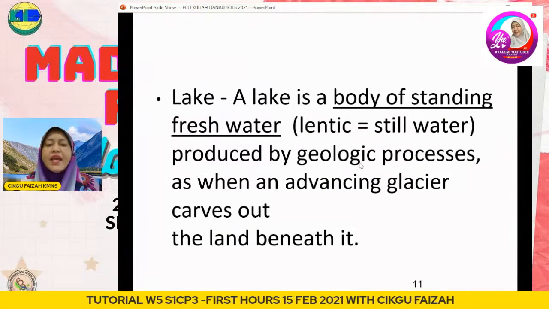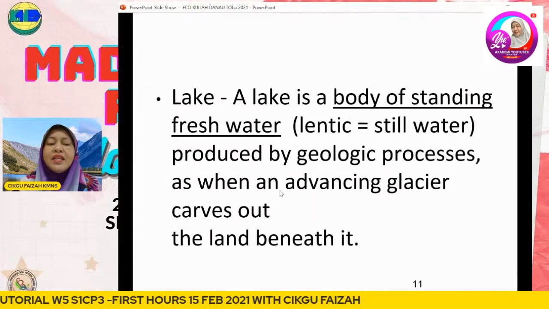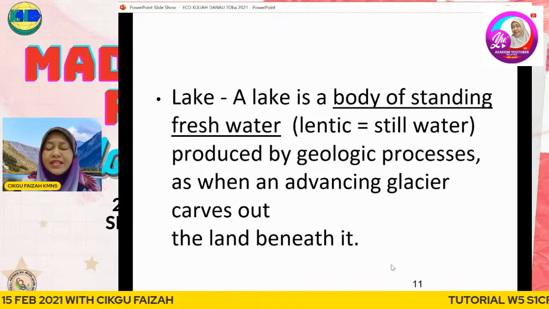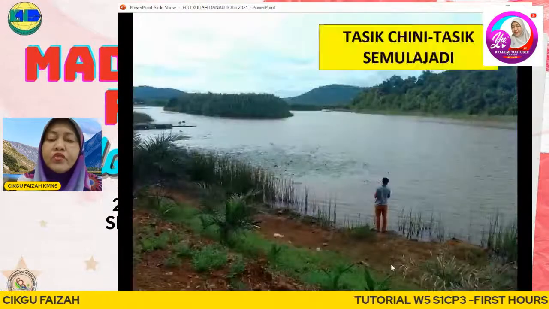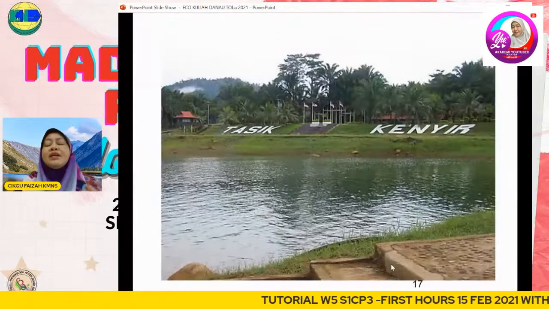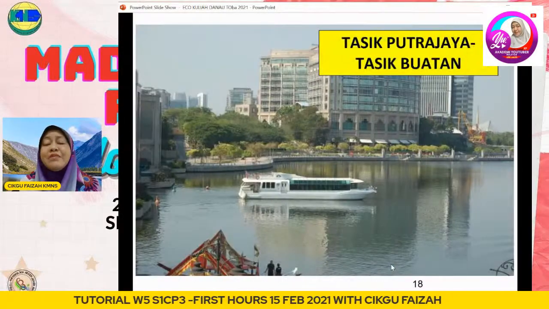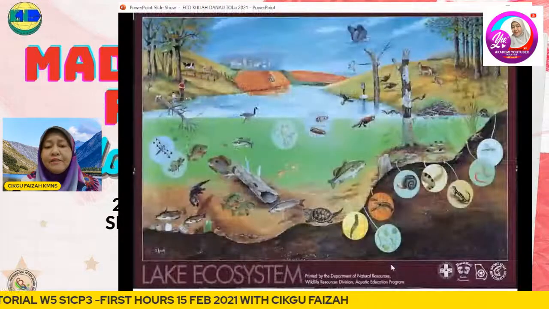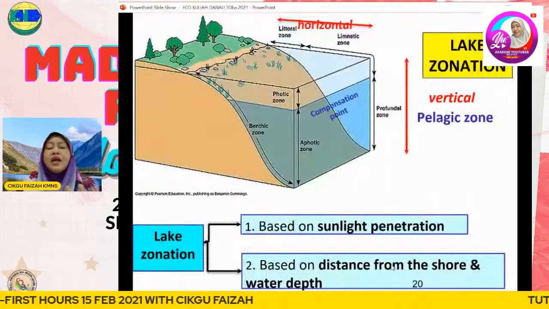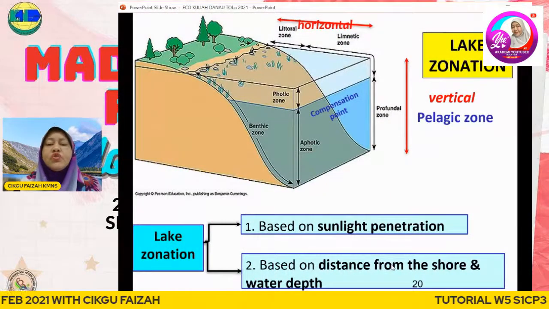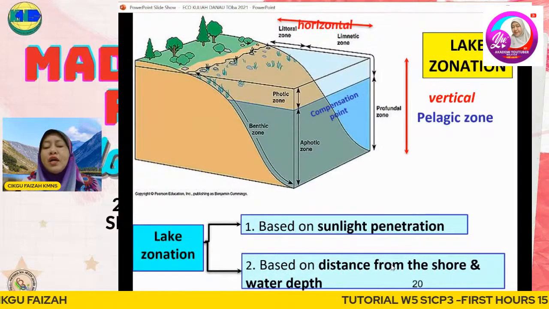And here you see it has land beneath it. Okay, there is land under it. So what we are going to study, class, is that when there is a lake, this lake actually creates its own ecosystem. What is this own ecosystem? This is what we are going to discuss.